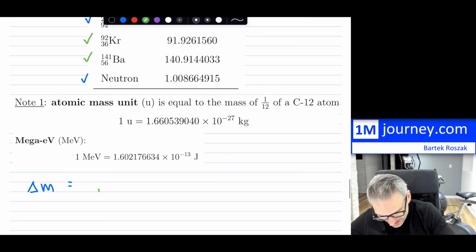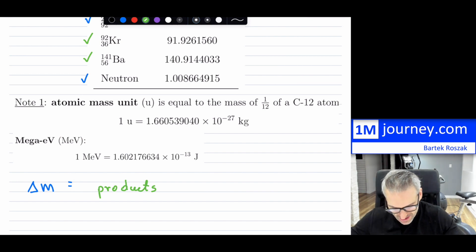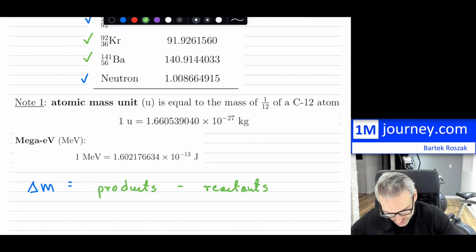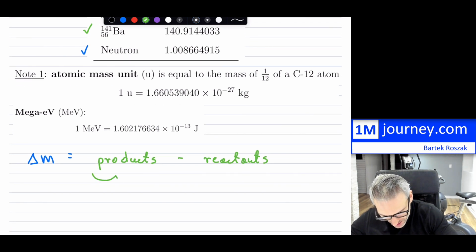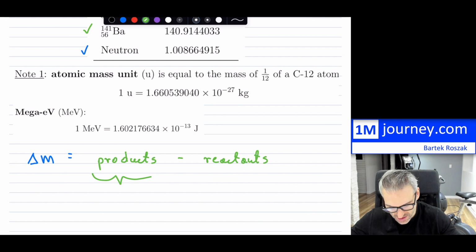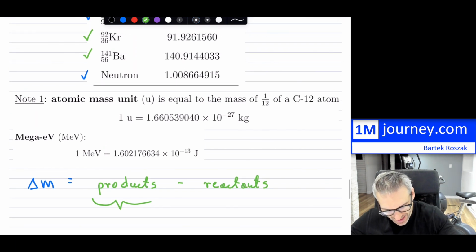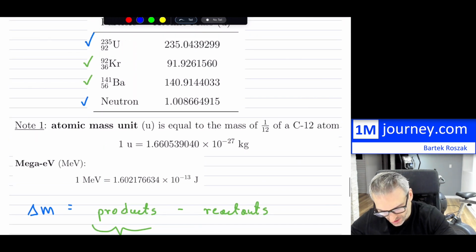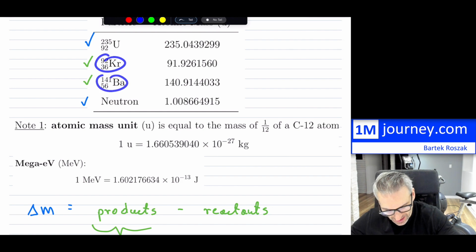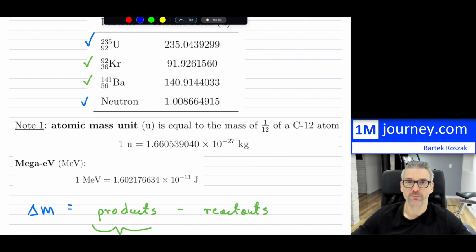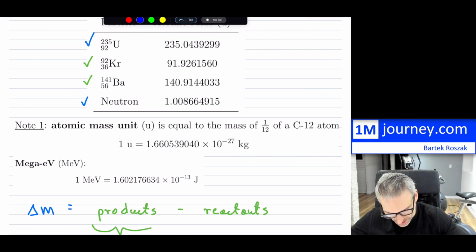So we will take in the products. We want to know what was the mass of the products minus the mass of the reactants that we have. So let's do that. Within here, the products, I'm going to do it in atomic mass units. So I have them listed right here. This is KR, this is BA. These are provided to us. All right, so let's take a look here.